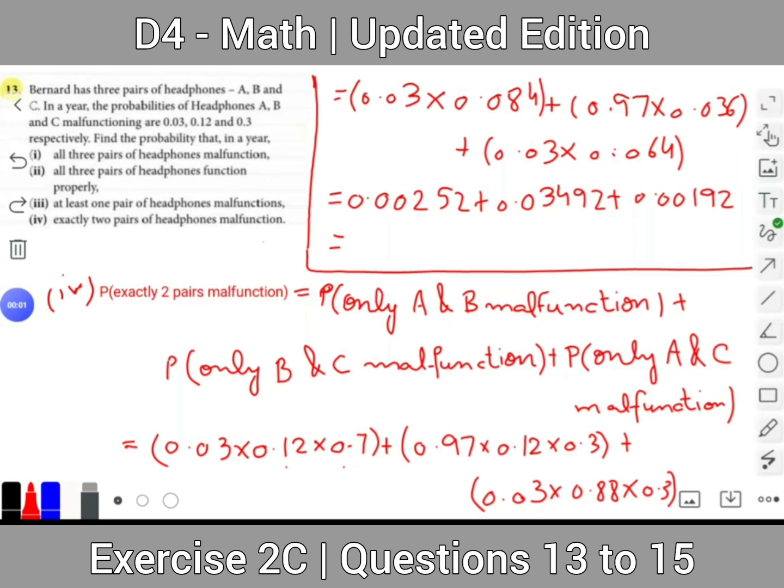Now after multiplying the terms, we will get 0.00252 plus 0.03492 plus 0.00792. So now we will add up these three values.